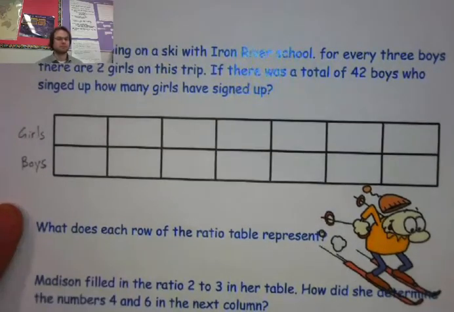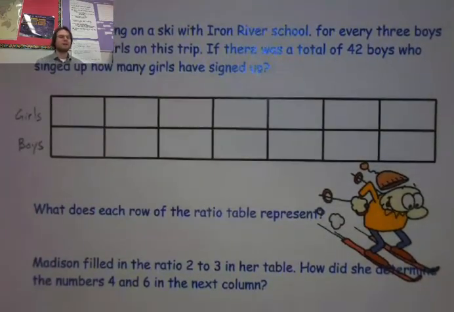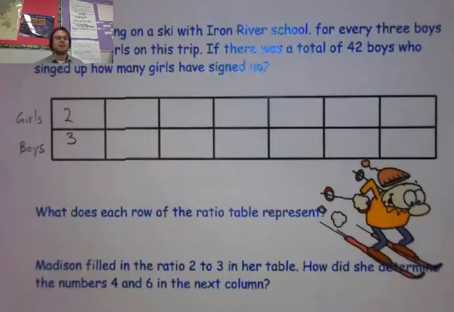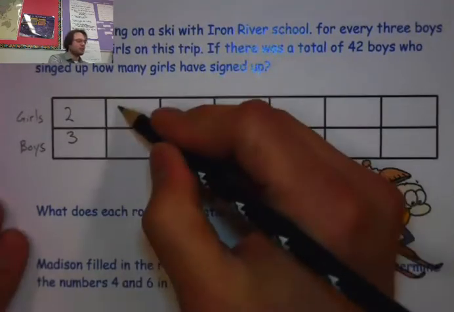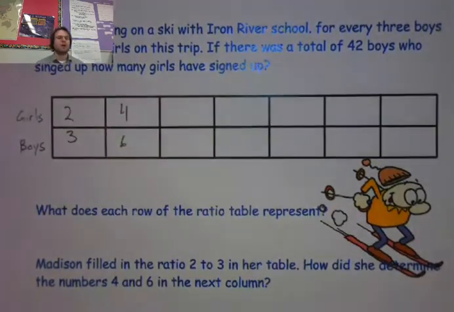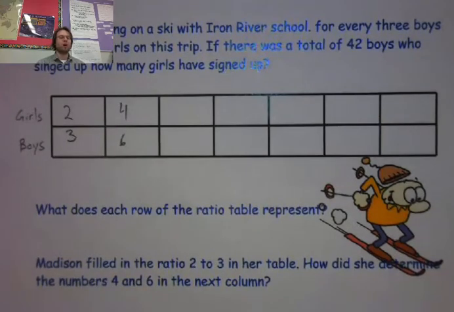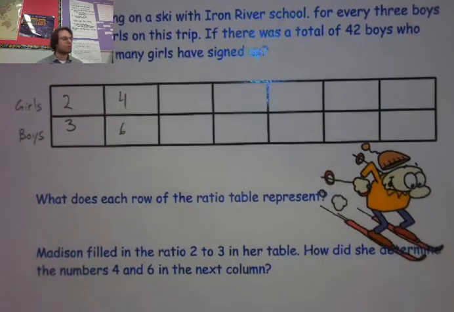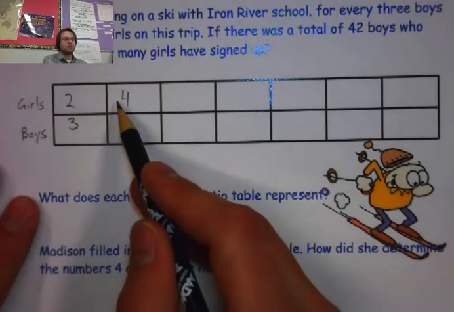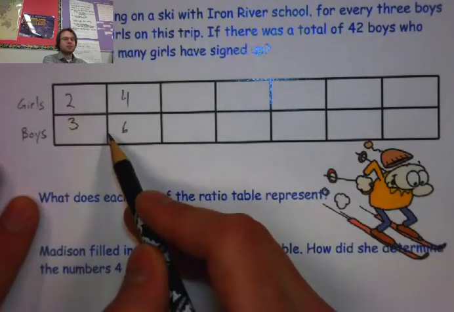Okay? Now it says Madison filled in the ratio 2 to 3 in her table. So we have 2 to 3. And the next is 4 to 6. Now, what would be in the next column? If we went 2 to 3, then 4 to 6, she doubled it.